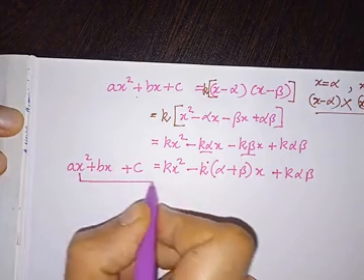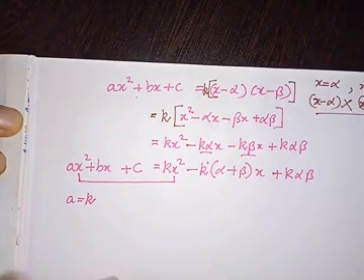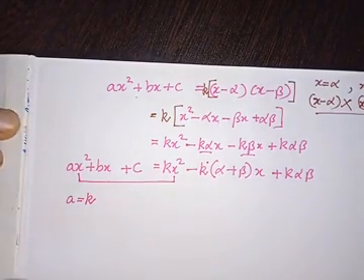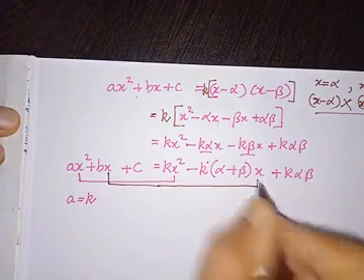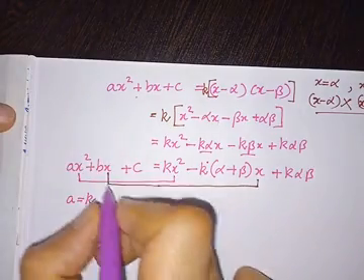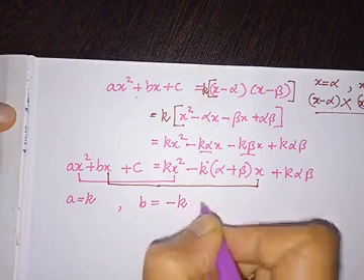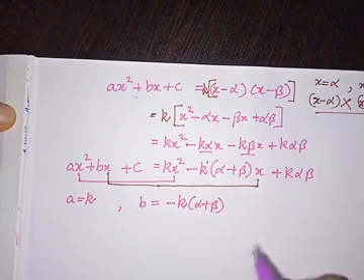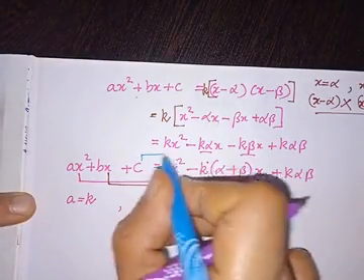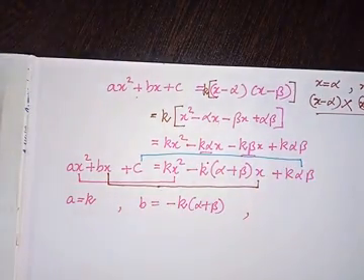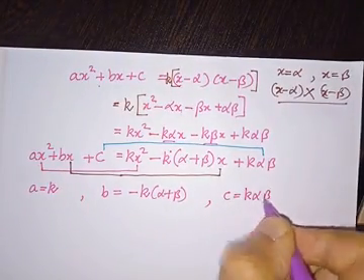The coefficient of x square is a, and it means a equals k. The coefficient of x is b, so b equals minus k times alpha plus beta, and the constant is c, so c equals k times alpha beta.